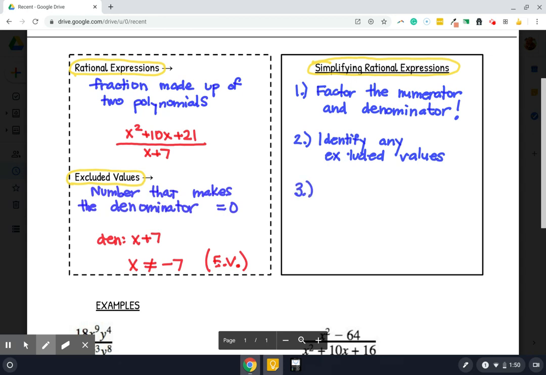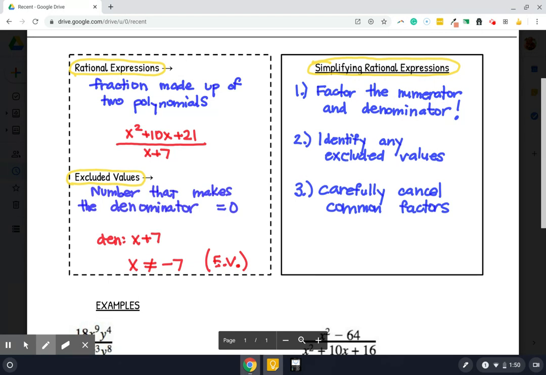And step 3 says that finally we get to carefully cancel any common factors. In other words, we can cancel anything where the stuff in the parentheses is the same in the numerator as in the denominator. Those are our 3 steps.